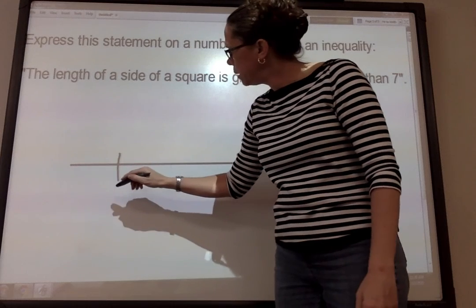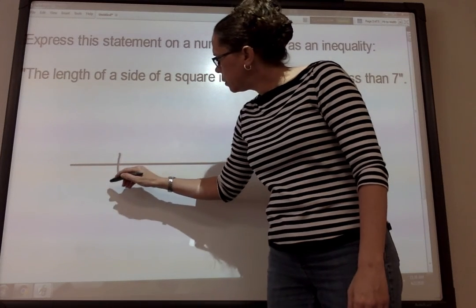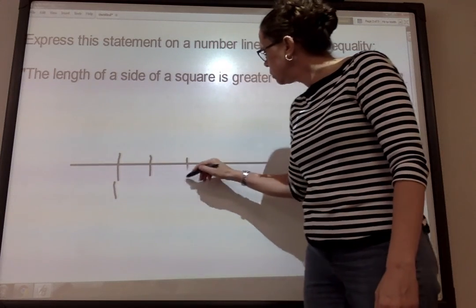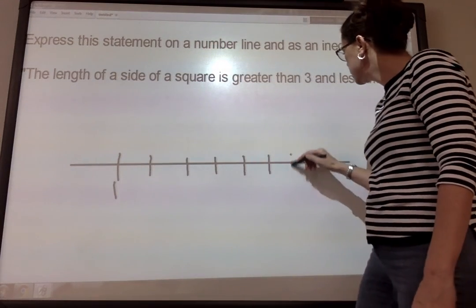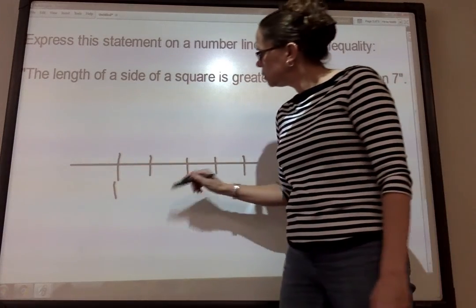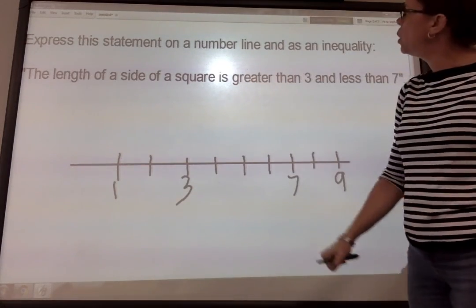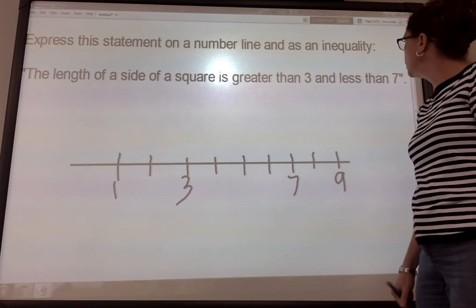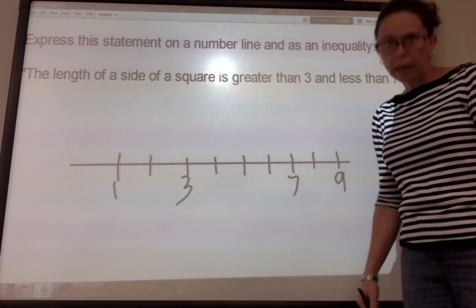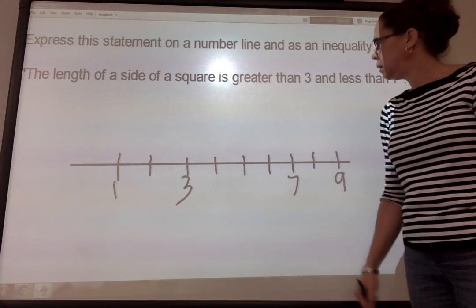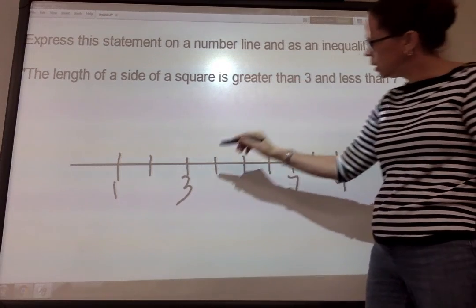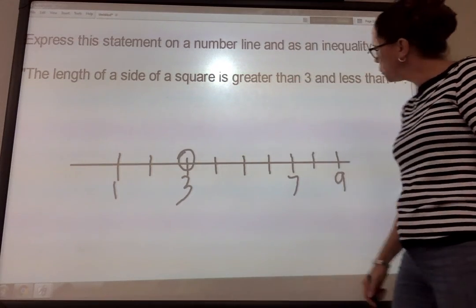I'm going to start here on my number line: 1, 2, 3, 4, 5, 6, 7, 8, 9. Here's 9, here's 7, and 1, 2, 3. We want to include the numbers greater than 3 and less than 7. 3 is not included because it doesn't say greater than or equal to, so I'm going to do an open circle on 3.